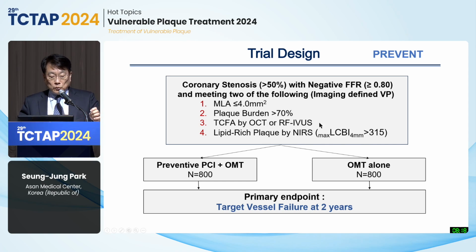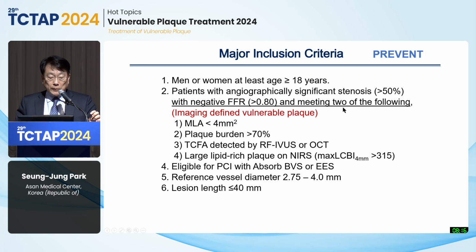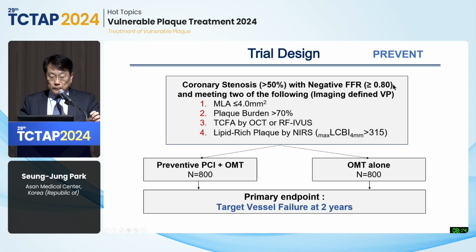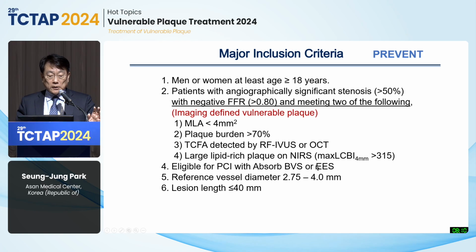We randomized to preventive PCI with optimal medical treatment versus optimal medical treatment alone. The primary endpoint was target vessel failure at 2 years. As I mentioned, significant stenosis, negative FFR, and imaging-defined vulnerable plaque with 2 conditions out of 4 factors were eligible for PCI.